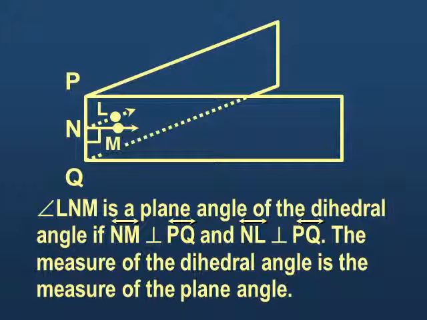So the lines that are drawn, like the ray NL, goes infinitely along that plane, so the measure is going to be the same. The angle measure is going to be the same as the dihedral angle measure.